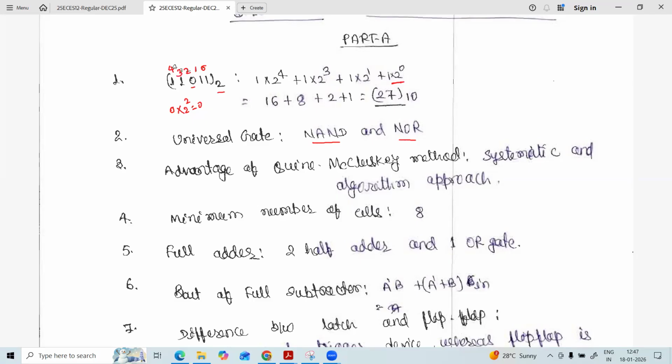Next, the minimum number of cells that need to be combined to remove three literals in the case of four variables. When we have four variables, we have four literals. So how do we make a combination so that we get only one literal?